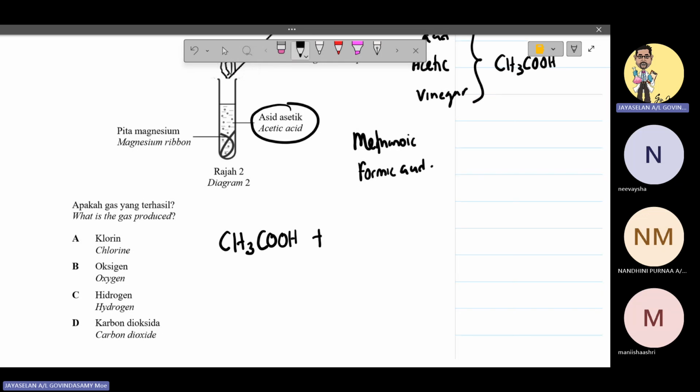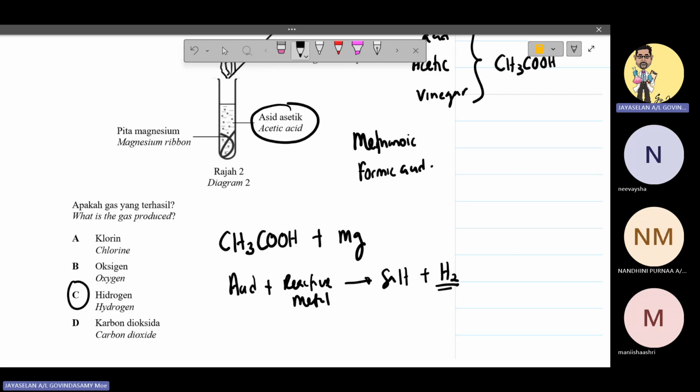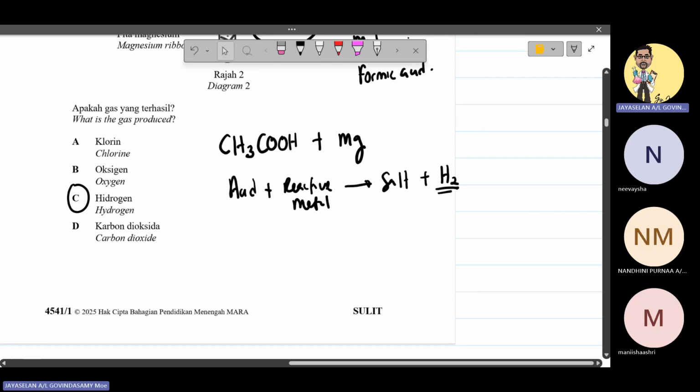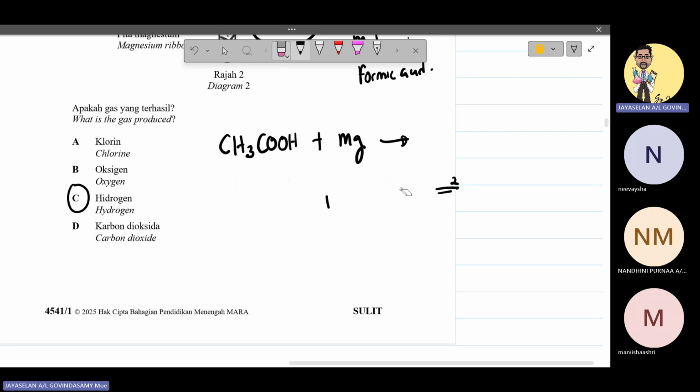CH3COOH reacted with magnesium. Please remember this one, you no need to do the whole equation. When acid reacts with a reactive metal, you will get salt plus hydrogen gas. So you take hydrogen gas. I do the equation so you can do revision.